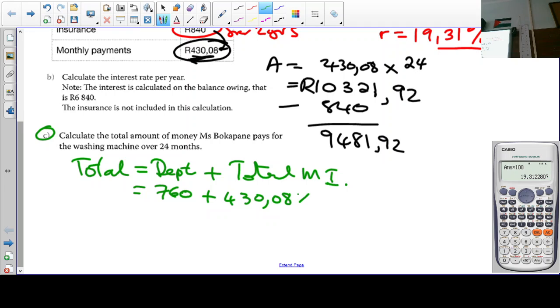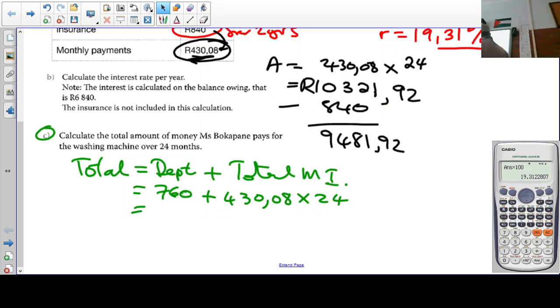430.08. For how many months? 24 months. So that's going to give us 780 multiplied by 430.08 times 24. Must be a plus, no? Yeah.